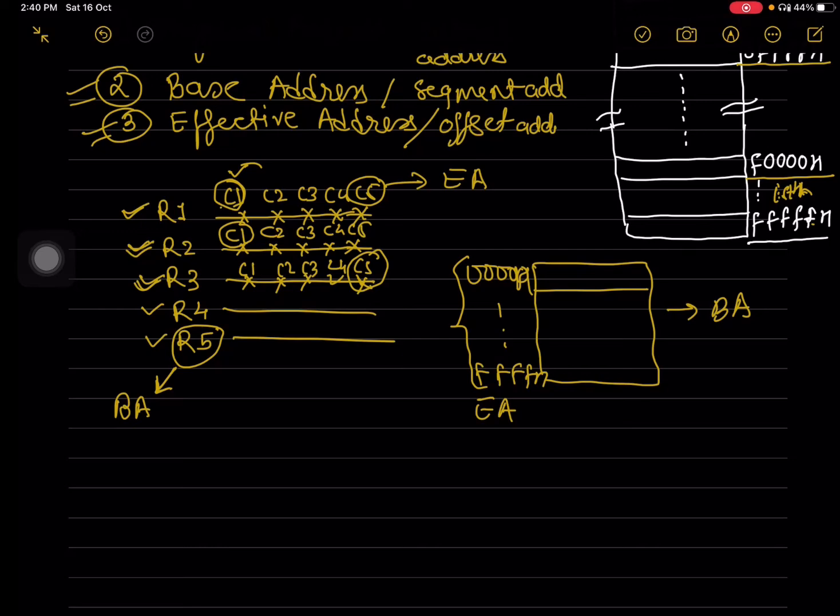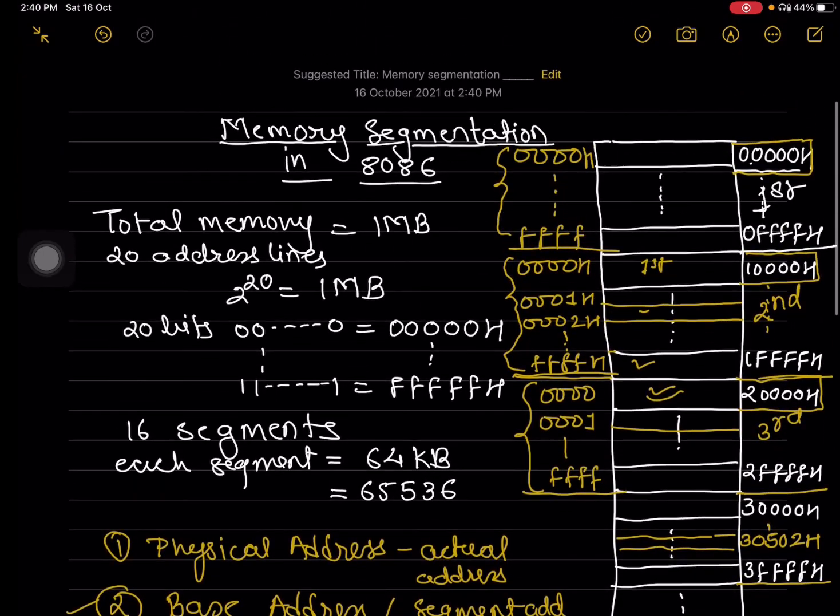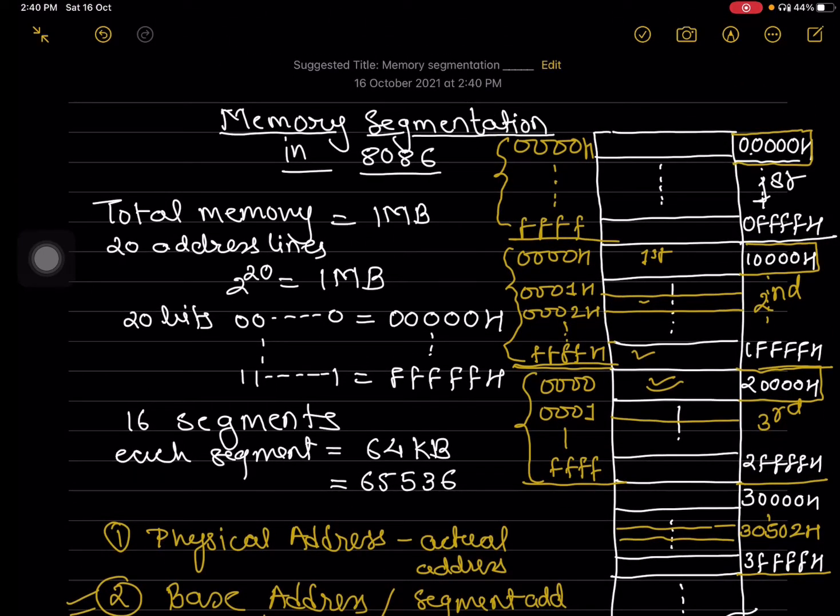If I need to search for a particular memory location, I need not start from the first memory location, that is from 00000, and then move up to the corresponding location. If I need to access, say, the 30502H location, I can directly access it using the particular base address, which will take me to the corresponding segment, and using the effective address I can directly access the corresponding location.